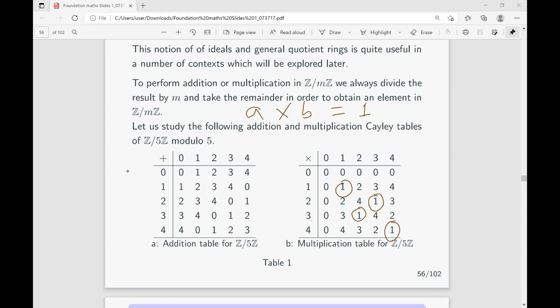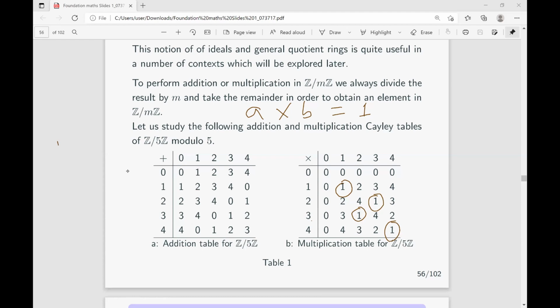Inverse of 2 is 3 in integers modulo 5. How would you put that as a statement?